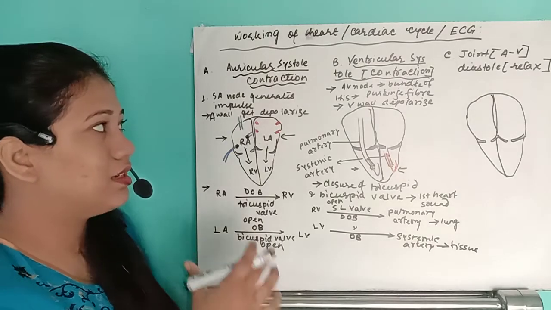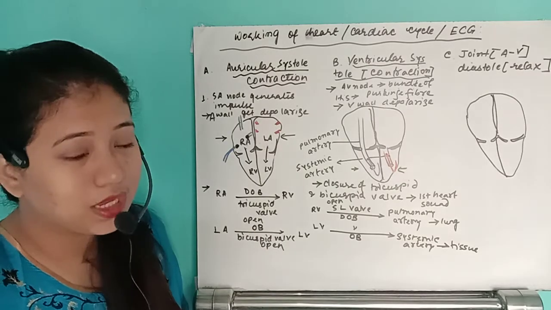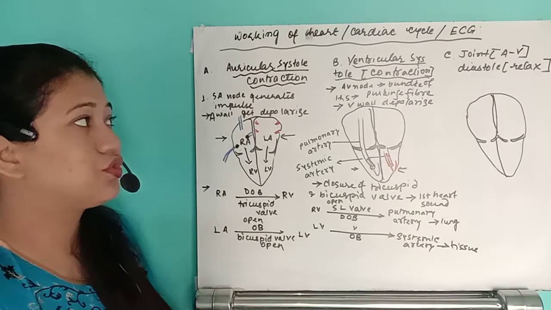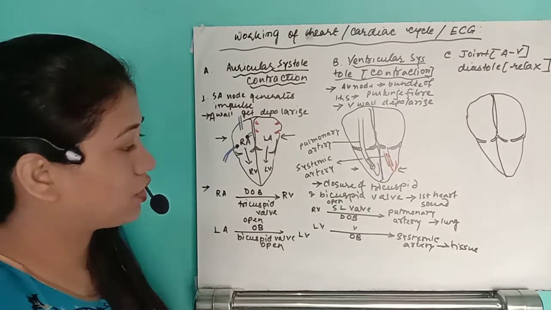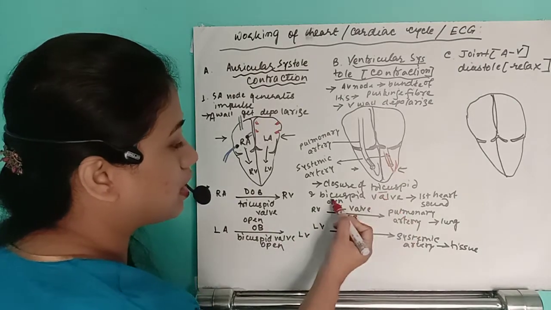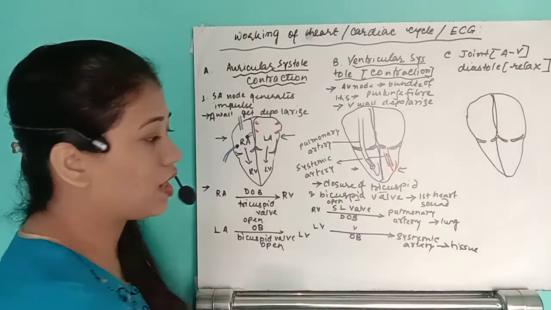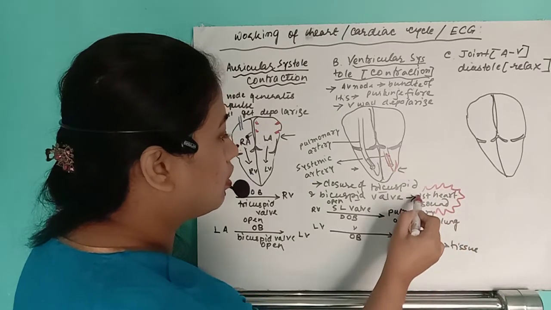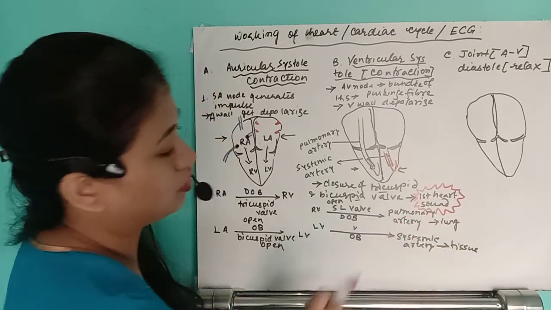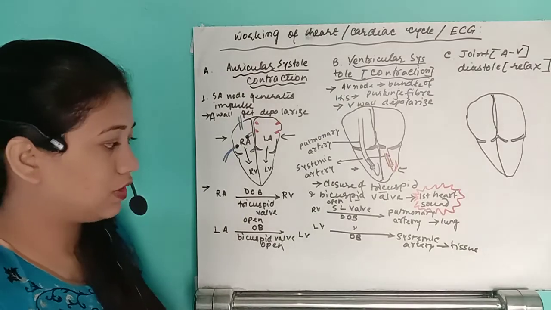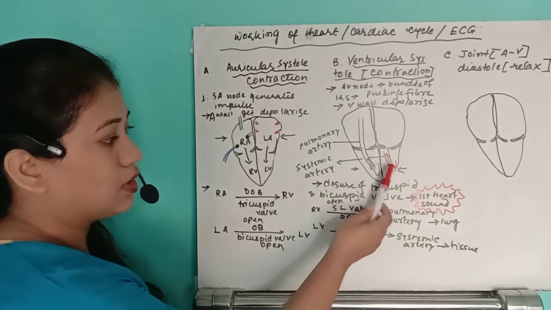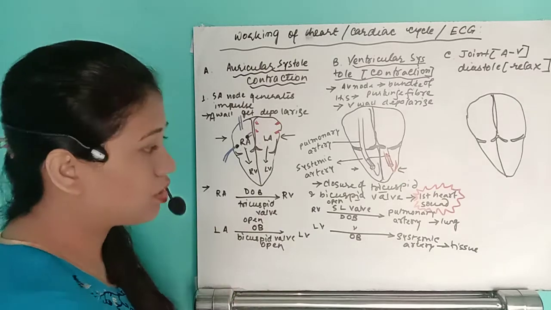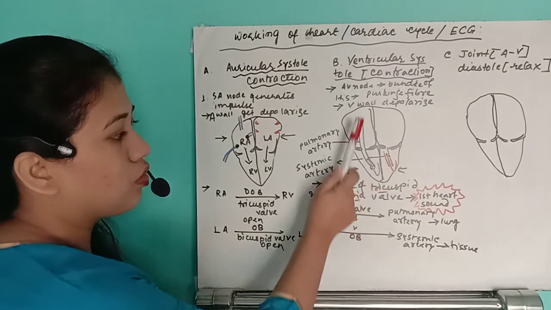Now after that, this ventricular systole will be completed. So what will happen in this ventricular systole or ventricular contraction: the tricuspid and the bicuspid valves will be closed and we will hear the first heart sound. Then the semilunar valve will be opened, and blood from both the two ventricles will go to the arteries.